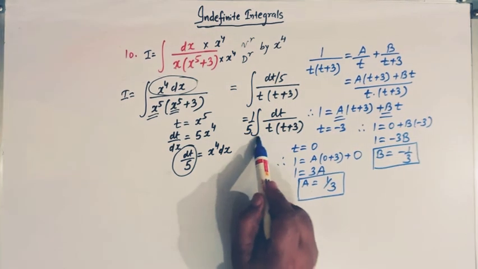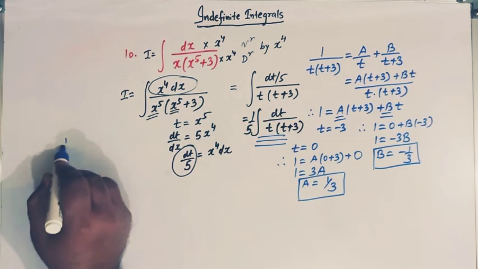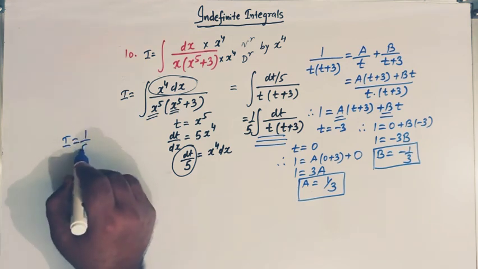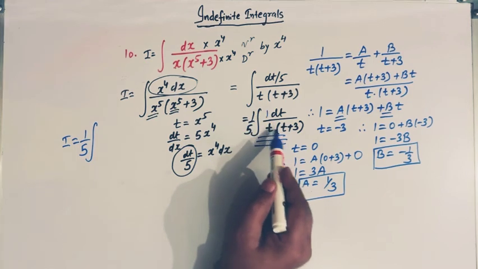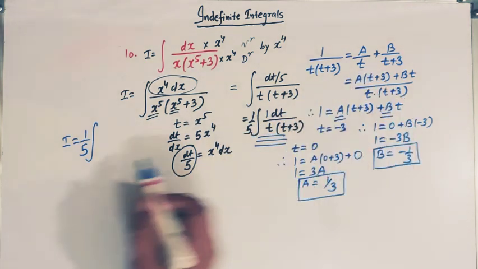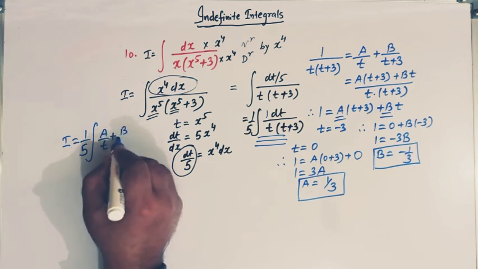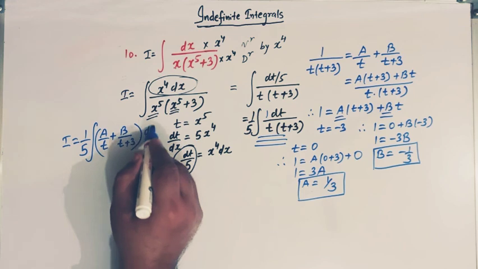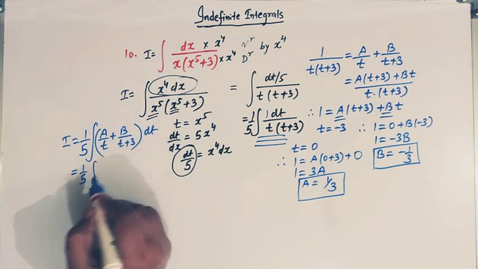So now this integral can be written as I is equal to 1 over 5 integral, and 1 over t times t plus 3 can be written as a over t plus b over t plus 3 and dt, right? Okay, so now we substitute the values of a and b.